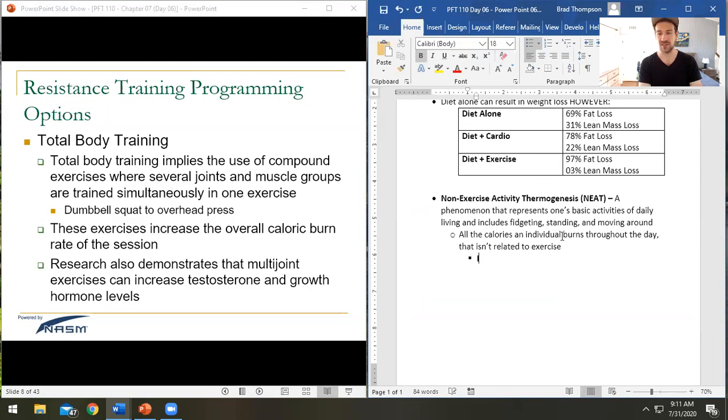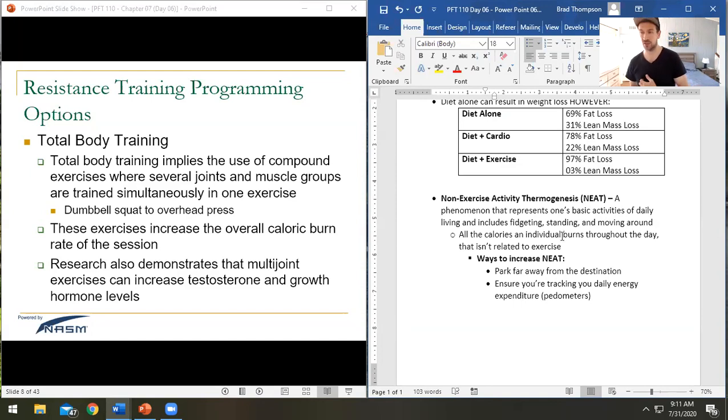So we can increase it: we can park far away from the destination, ensure you're tracking your daily energy expenditure through things like pedometers, right?